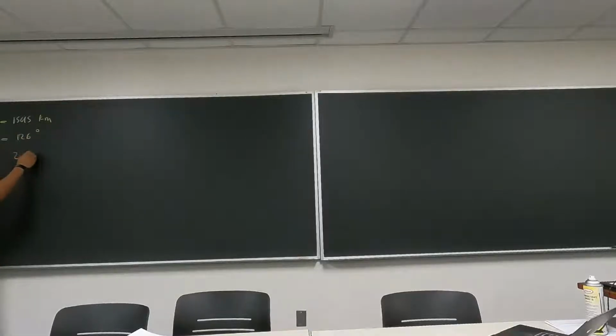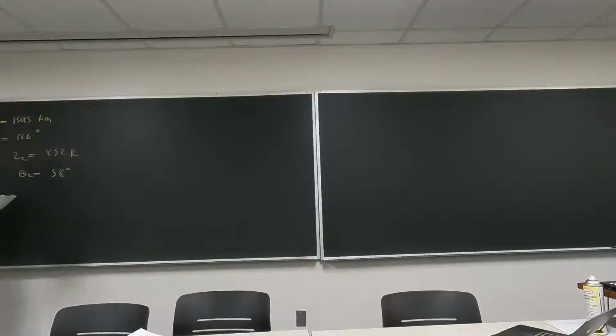Point 2 is, sorry, 852 kilometers, and theta 2 is 58 degrees.